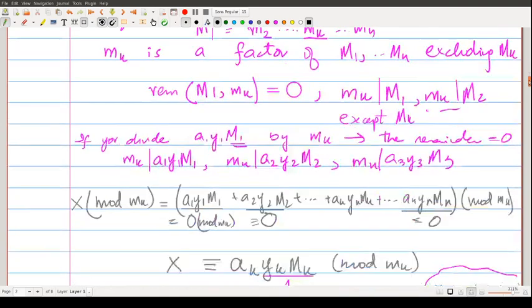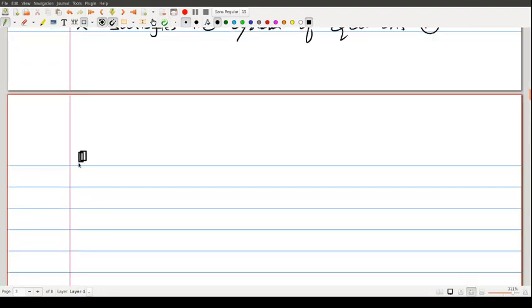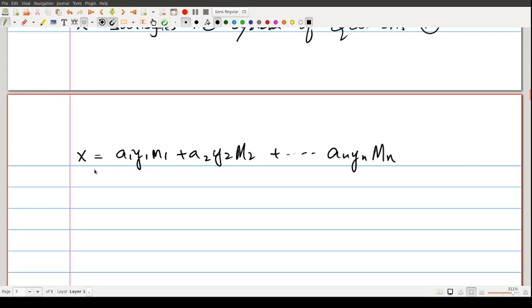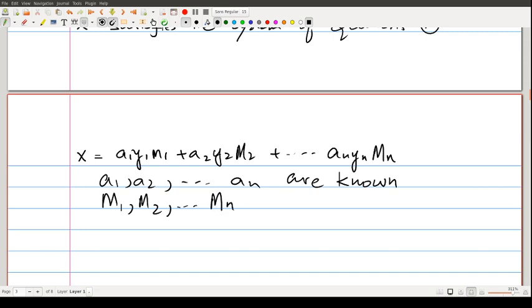So the idea is that x is the solution. The solution to this equation is x equals a1 y1 M1 plus a2 y2 M2 dot dot dot an yn Mn. And a1, a2 up until an are known. M1, M2 dot dot dot capital Mn can be found by the formula, small m divided by mk.